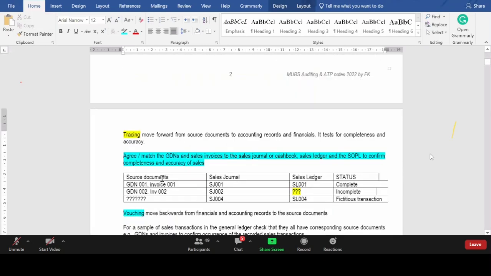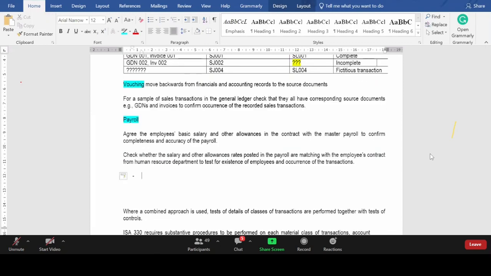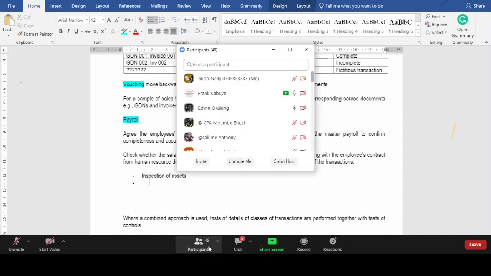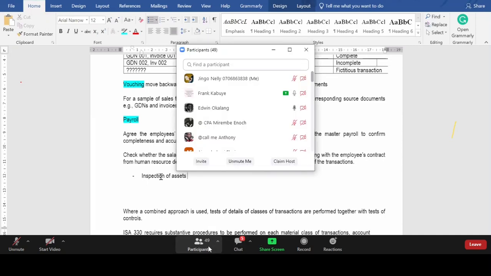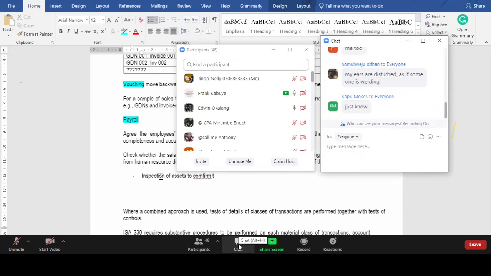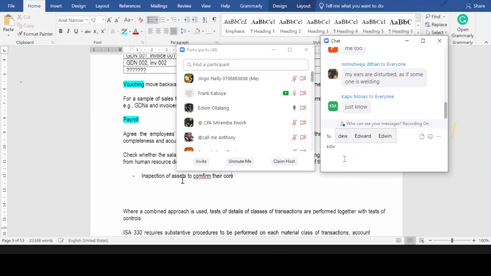Now we're going to do inspection of assets as another test. Also inspect assets, confirm their completeness and existence.